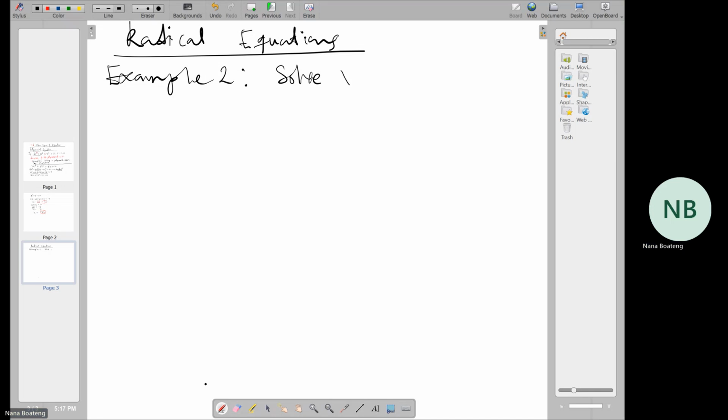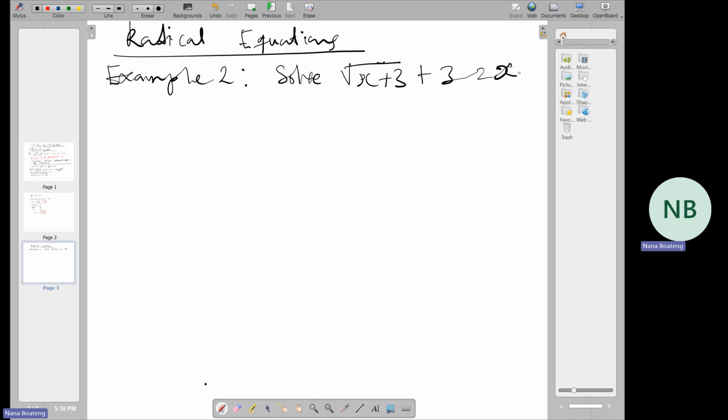Solve the square root of x plus 3, plus 3 is equal to x.